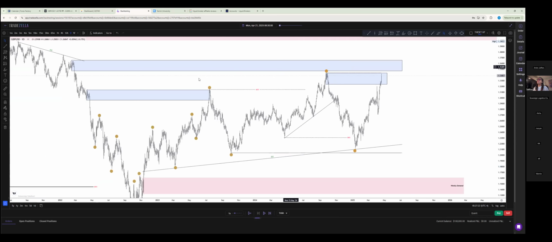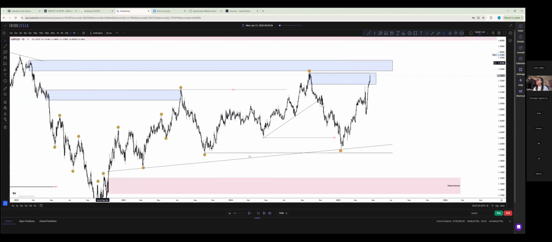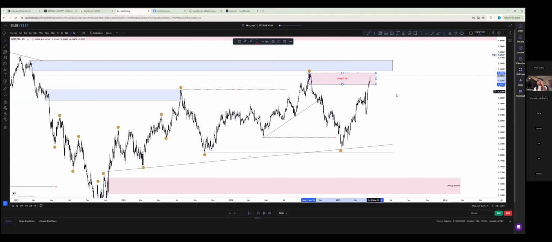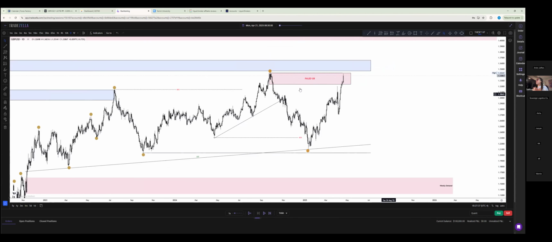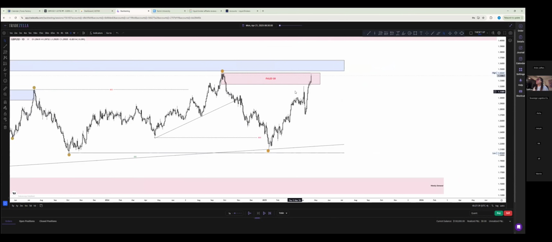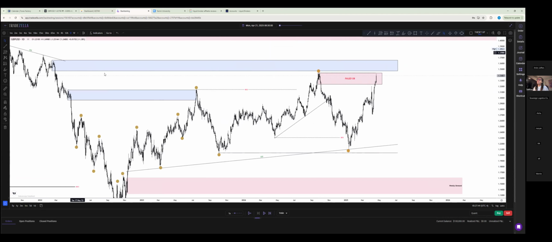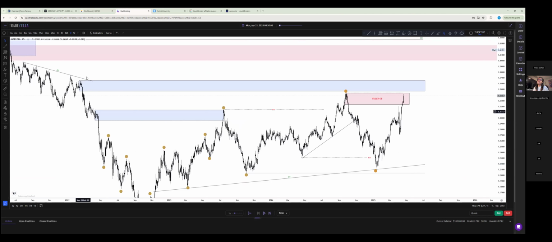So we know we have this unmitigated zone above, right here above this area. We know that this area should fail, so let's mark it as such. I always suggest you mark your zones as you anticipate, so that way you don't confuse a zone and take a formal trade. I'm expecting this zone to fail, so I mark it. This zone right here, I'm expecting a reaction, not to be respected, but just a reaction because of the momentum that it's printed.